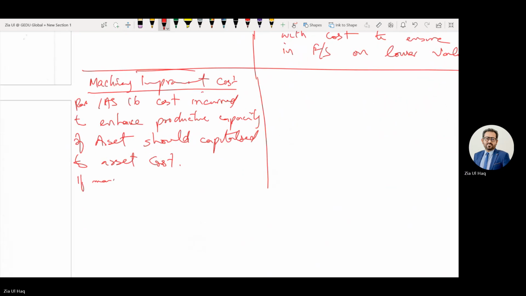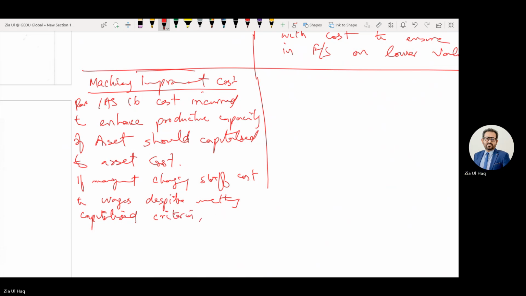If management is charging staff cost to wages despite meeting capitalized criteria, chances that assets and profits could be understated and expenses overstated.